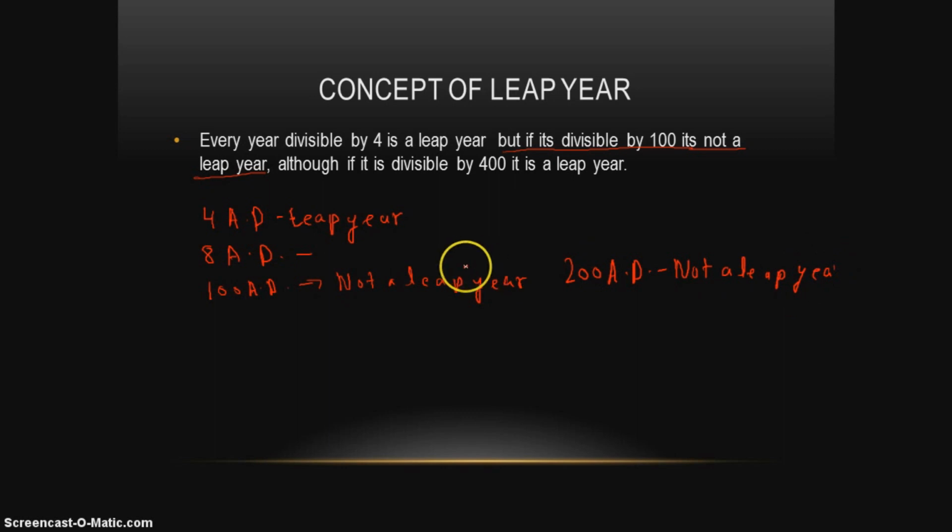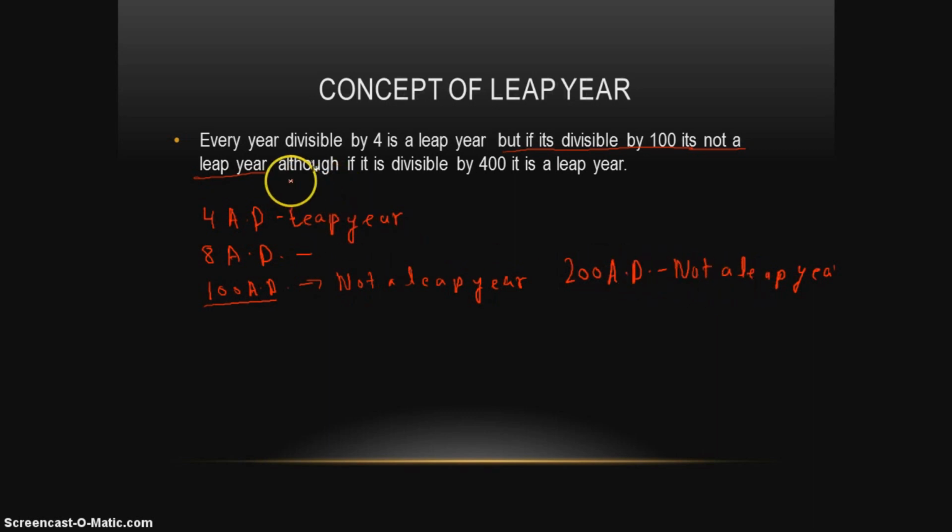Why I am illustrating divisibility by 100 is that 100 is anyway divisible by 4. So if you see 4, 8, 12 and keep going, you will find that 100 is one of the multiples of 4. So by this calculation it should be a leap year. But then since it is divisible by 100, it is not a leap year.